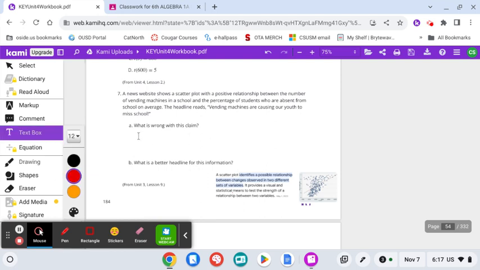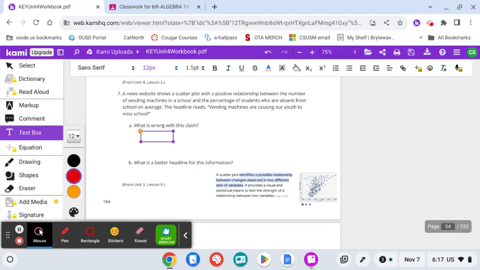So what is wrong with this overall claim? This claim is saying that it caused our youth to miss school. A scatter plot shows a relationship, but it does not say what the cause of something is. So why are vending machines having a positive relationship with students being absent?